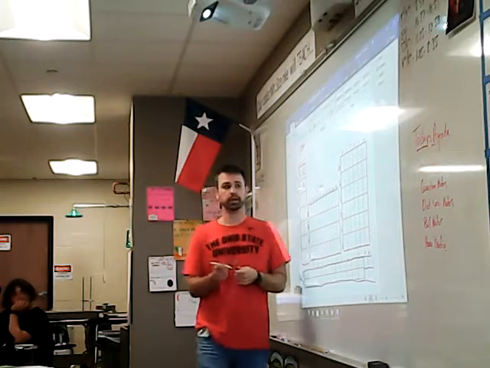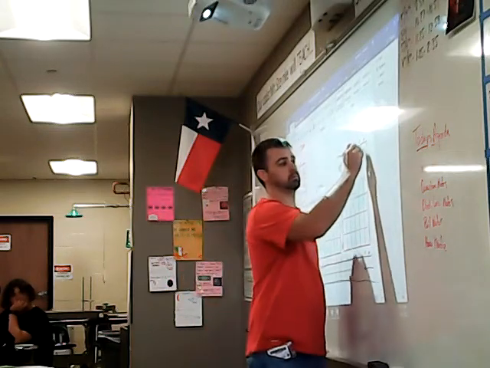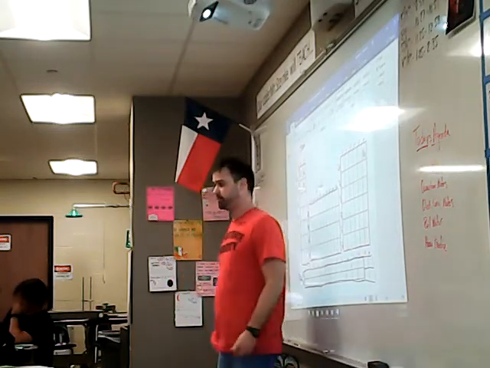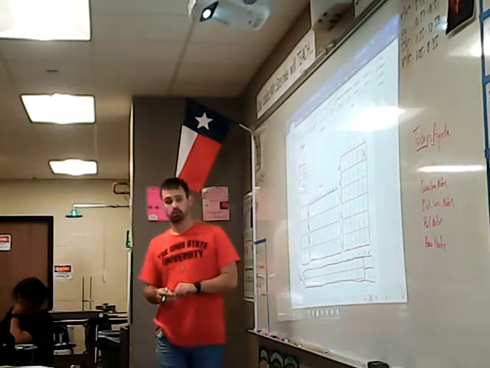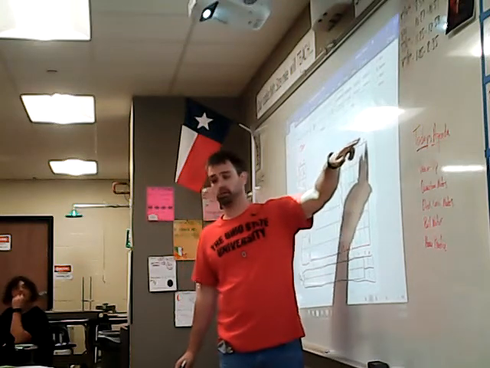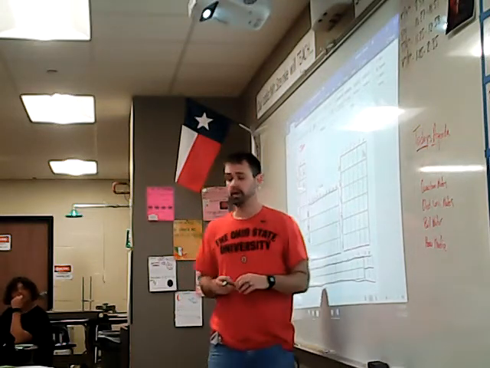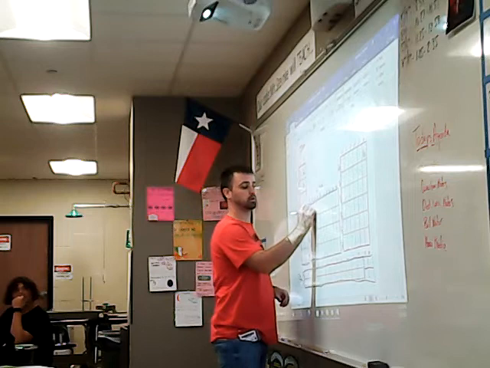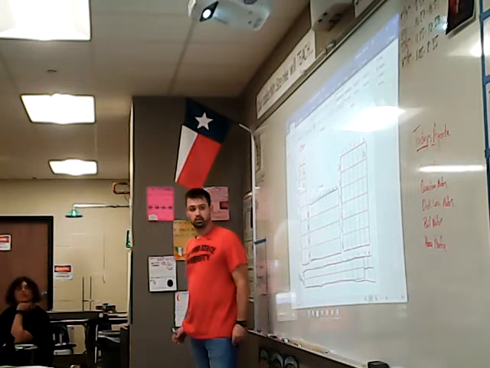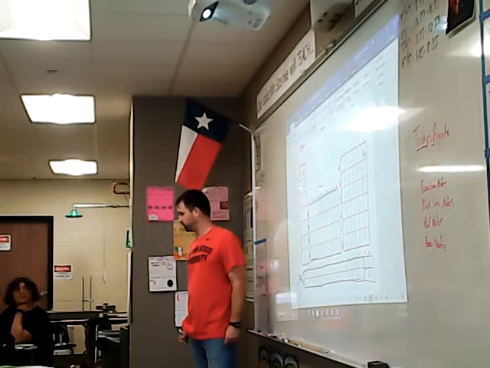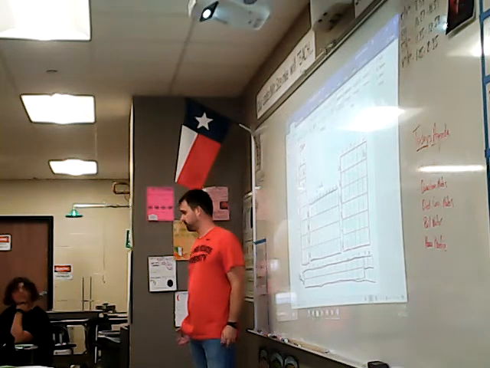If you wanted to hit neon, what would you say? 2p6. Does that make sense? If you wanted to hit titanium, you would say 3d2. Does that make sense? All right.